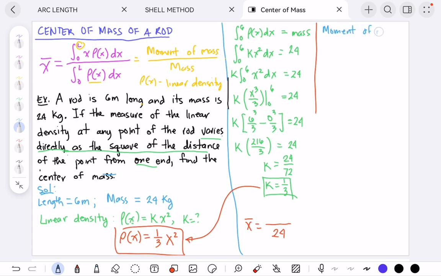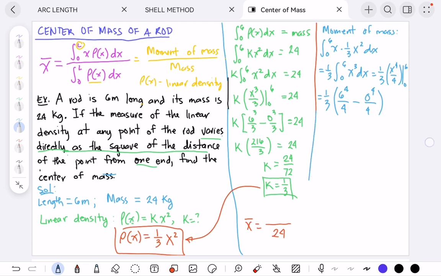Moment of mass. It's given by the integral from 0 to 6 of x times rho of x, which is 1/3 x squared dx. Factoring out the constant 1/3, I have x cubed dx. Integrating, we have x to the 4 over 4, evaluated from 0 to 6. So 1/3 times 6 to the 4th over 4 minus 0 to the 4 over 4.